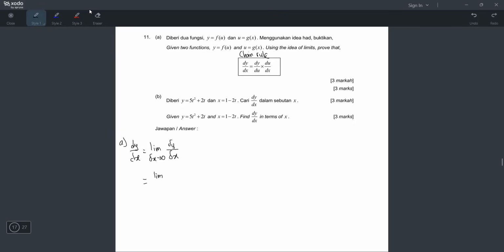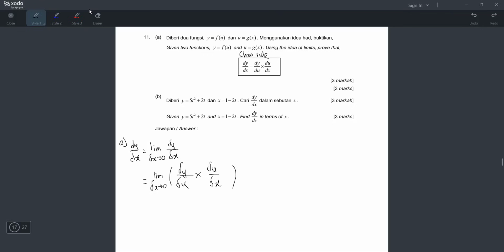Okay, I will write it like this. Delta x approaches 0. But for the delta y over delta x, I will write it like this: delta y, and I will introduce the delta u here because I'm trying to prove this rule. So I will write delta u, or you can say changes in u, and then here will be delta u over delta x.